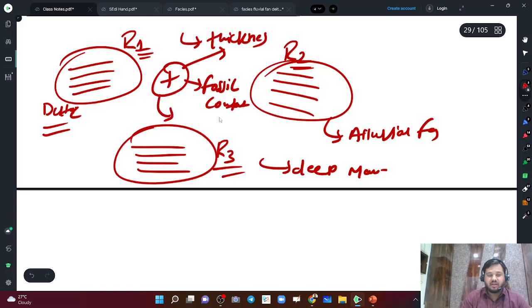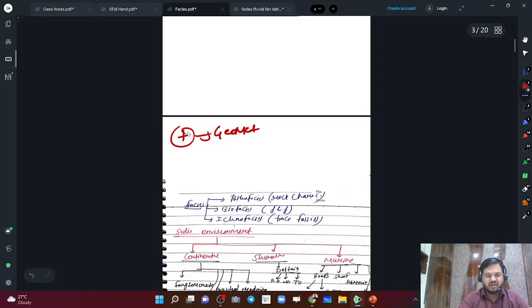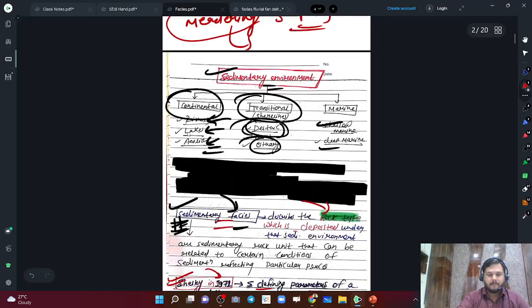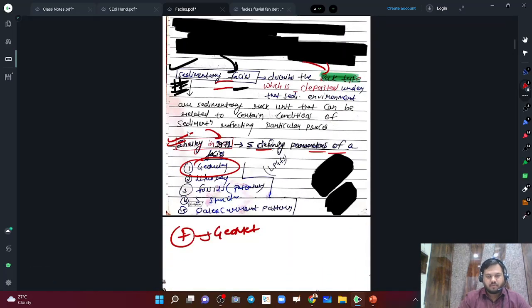Third, even more important, is sedimentary structures, right? And what Shelley talks about is thickness, fossil content, sedimentary structures, paleocurrent pattern, right? And lithology, that is rock type, that is the core.